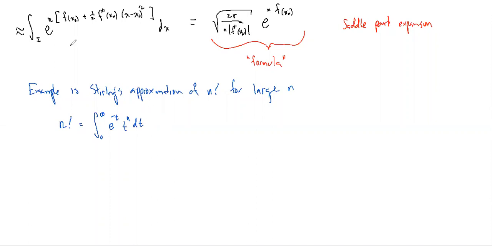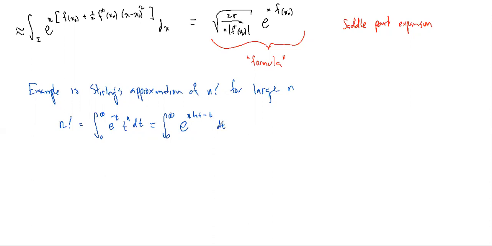Okay, what does this have to do with the saddle point integral? I'm going to write this in a way that looks kind of silly at first. Rewriting the t to the n term so everything can go in the exponential, I get n ln t minus t dt.